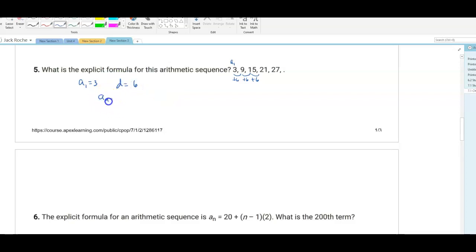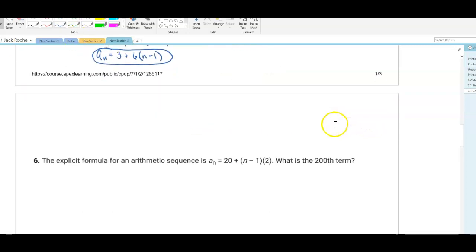So remember this formula, a sub n equals a sub 1 plus my common difference times n minus 1. So a sub n equals, what was my first term? 3 plus, what was my common difference? 6 times n minus 1. And that would be your explicit rule for this sequence.